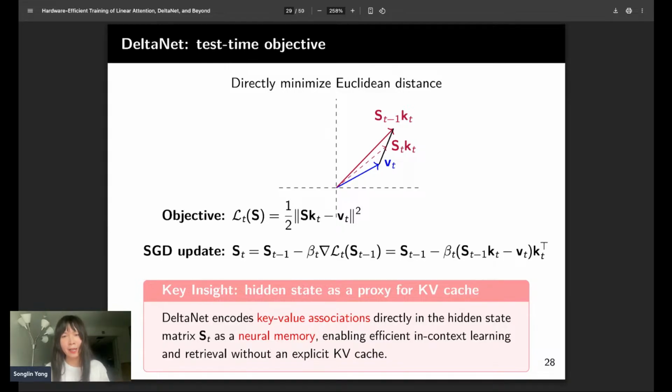And then we would want the RNN's recurrent hidden state to encode those key-value associative pairs from the previous context. And we want to encourage the RNN to encode those key-value pairs as accurately as possible.